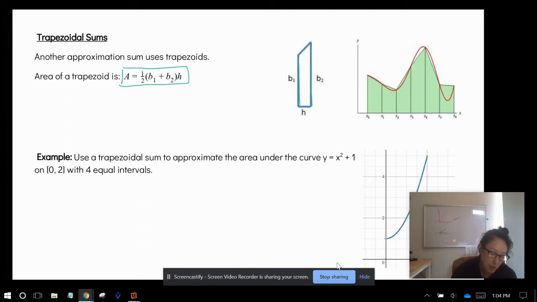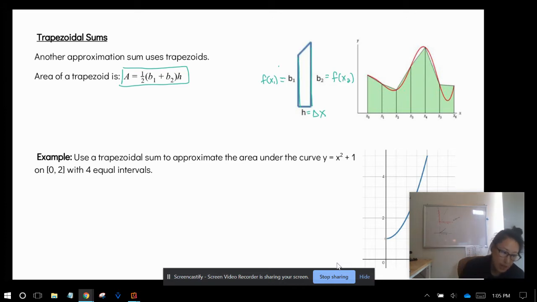When I look at this, it should look like base 1 plus base 2 times the height. The height in this case is delta X, and our base 1 and base 2 are actually our two different heights. It's f of x1 and f of x2, and so on and so forth. So what we're calling bases are actually our heights, and our height is actually our base.